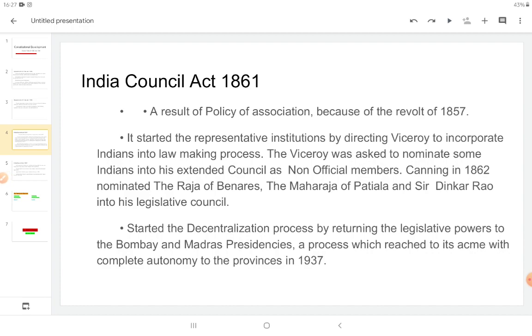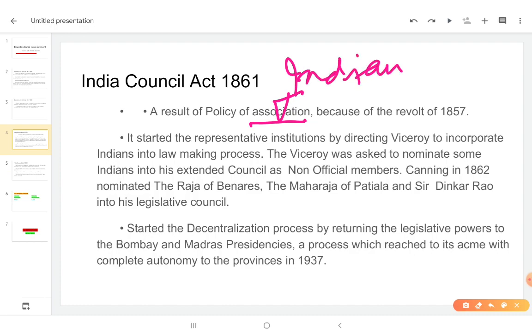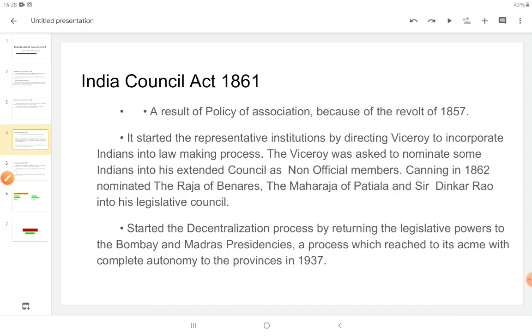So they decided to start the policy of association, which means Indians in administration. So they started to include Indians in this administration process.